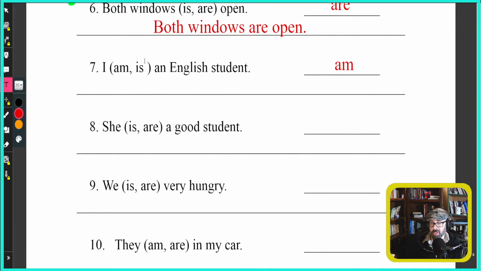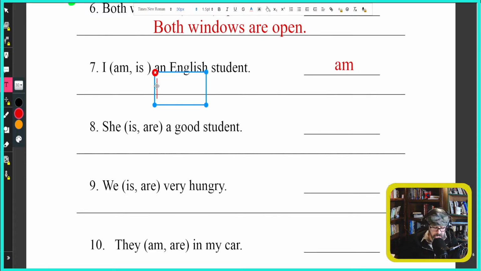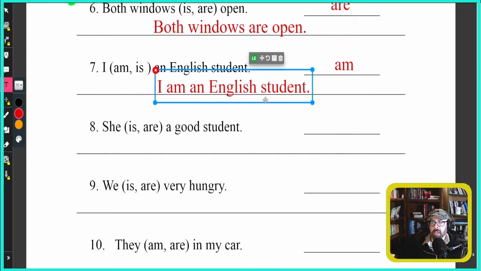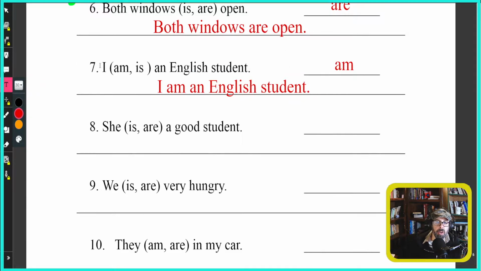Writing the full statement: I am an English student, period. We notice that I is the only pronoun that goes with am. So, I am a student. Number 8.